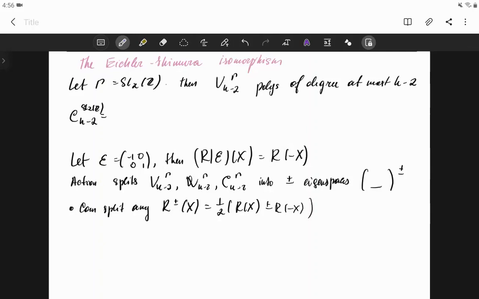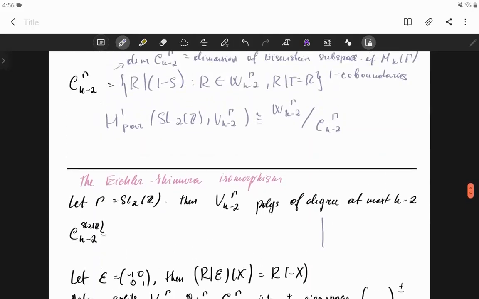We can actually compute what the one coboundaries are, okay? So if we go back up to the definition, we have that R slash T of x has to be equal to R of x. Well, this is just R of x plus 1. So the question is, what polynomials are periodic with period 1? Well, it's just constant functions.